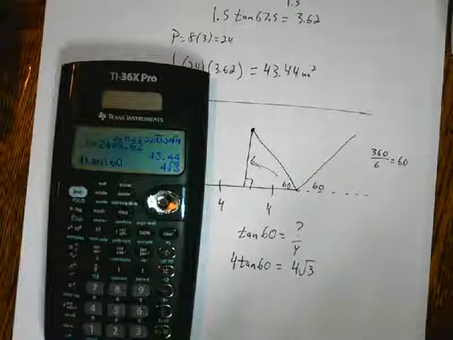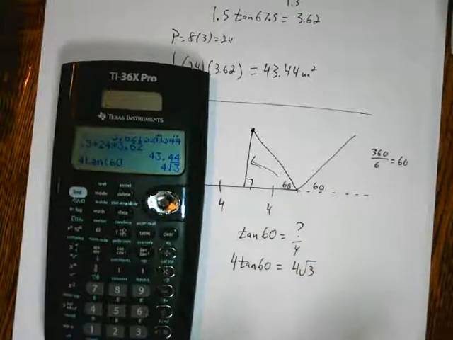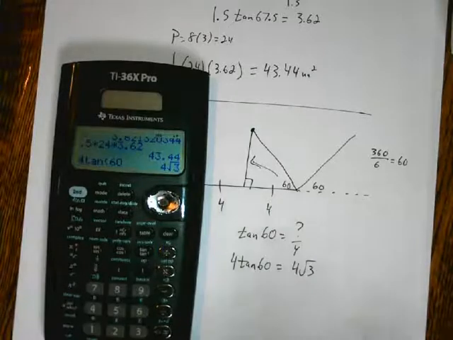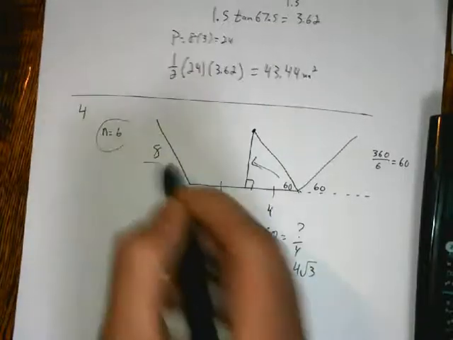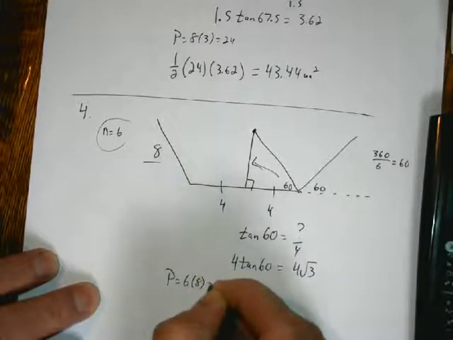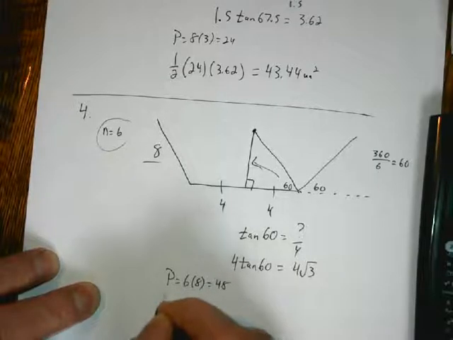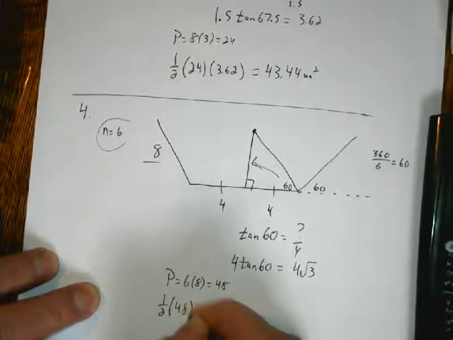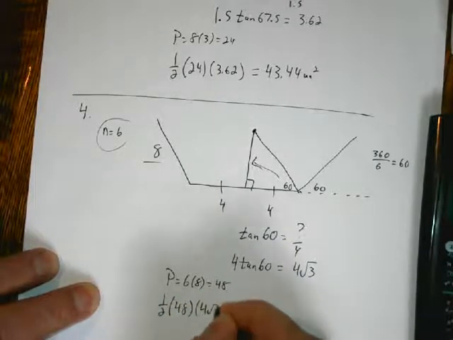And we get 4 root 3. Remember, it's okay to get the root here. Not a big deal. If you had a decimal, that's okay as well. I'm just going to leave it as a root because that's what my calculator said. We have 6 sides of 8, so that means our perimeter is 6 times 8, otherwise known as 48. So our 1/2, the perimeter of 48, times our apothem of 4 root 3.